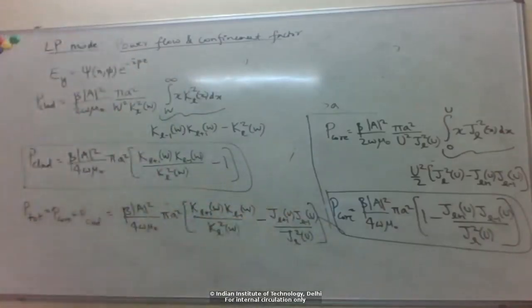The transcendental equation that we got had similar expressions with J and K.